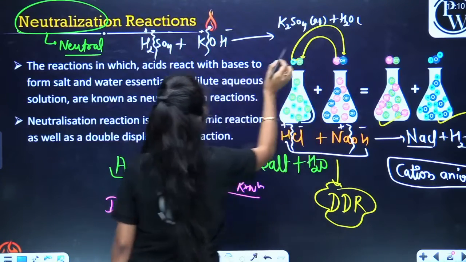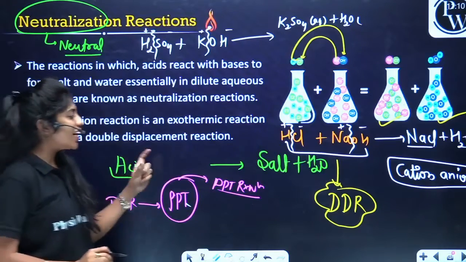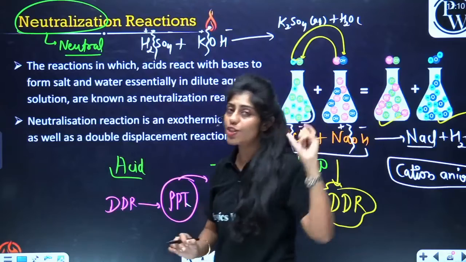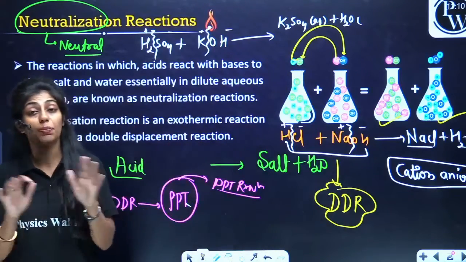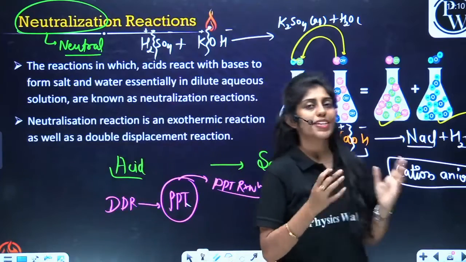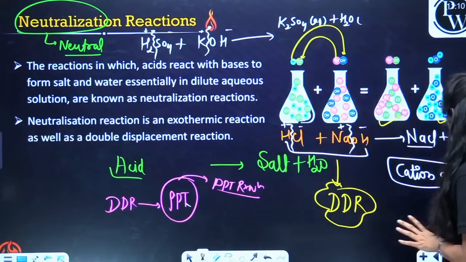So there is no formation of precipitate. Right? So there are two types of double displacement reaction. One which forms a precipitate is known as a precipitation reaction, and those which do not form a precipitate are the neutralization reactions. So are we good with this?